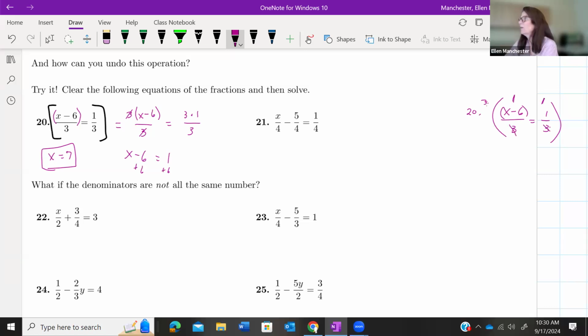I cancel my denominator. So I end up with 1 times x minus 6, which is just x minus 6, and 1 times 1 is 1. Okay, so now we're right back to the same equation. It's just a one-step equation. We're going to add 6, and we get x equals 7. So again, either way works. You just have to be consistent and decide which way you like better.